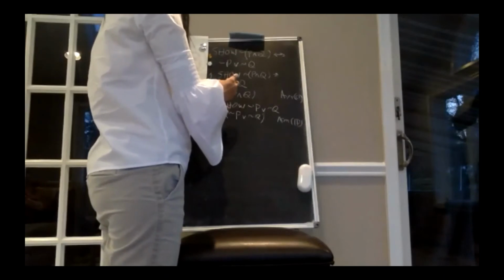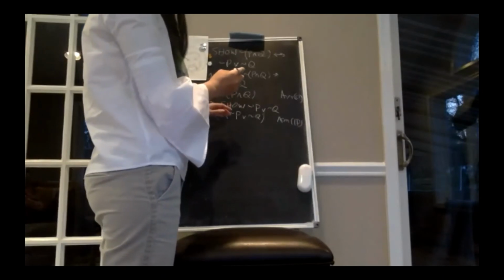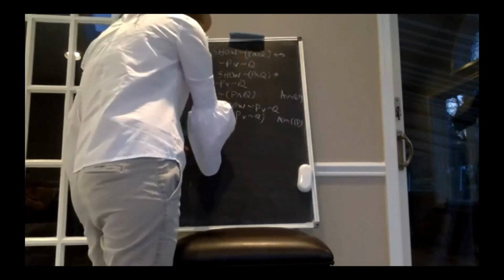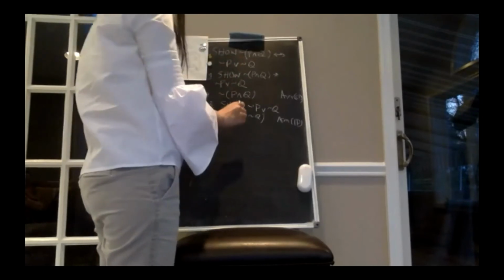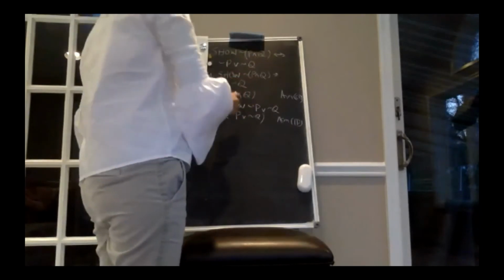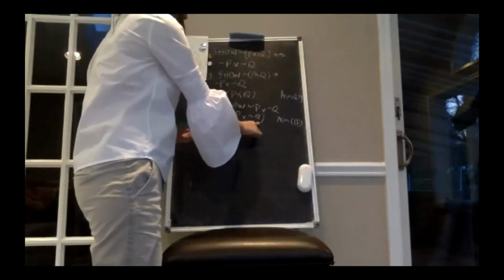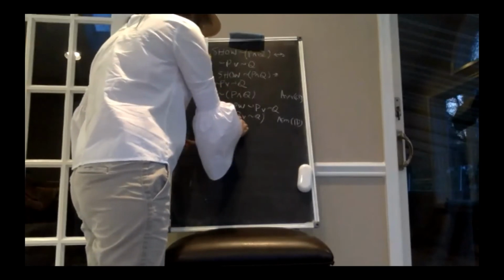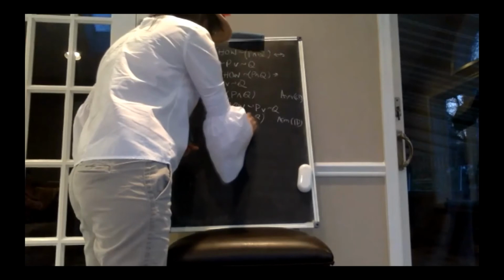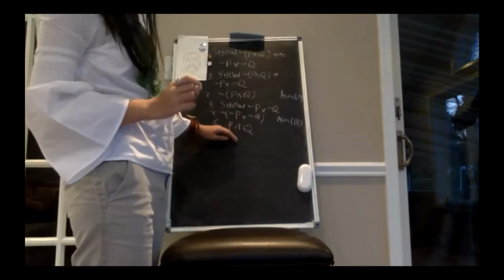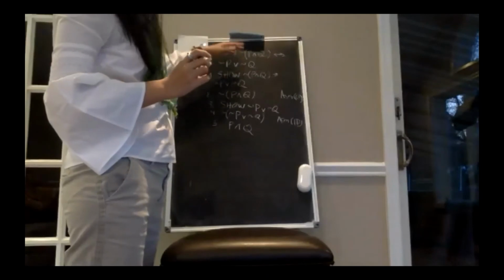Something that we're going to use that we have proved before, but not today, is that this statement is equivalent to that, which is essentially the dual of what we're trying to prove.